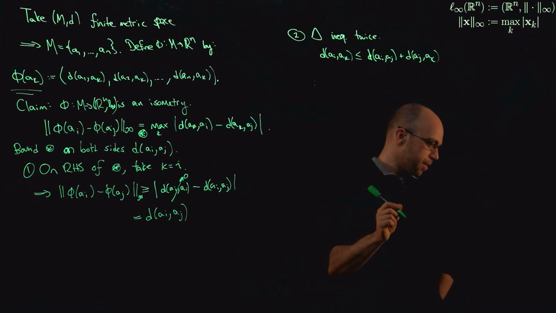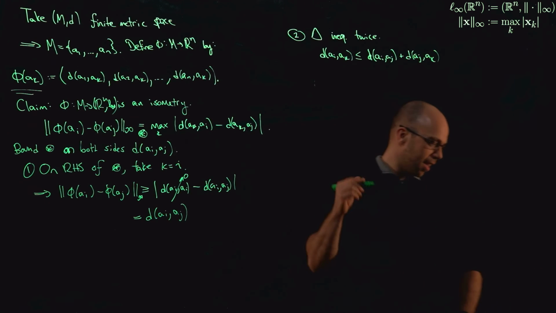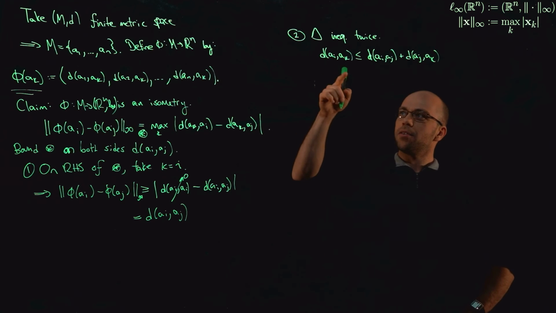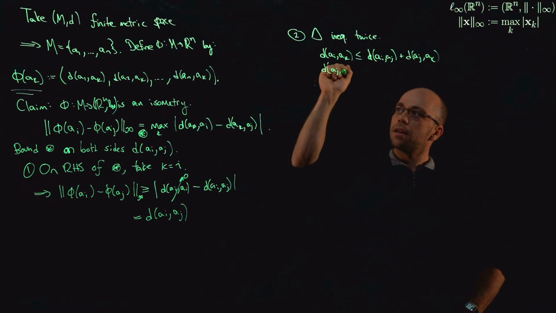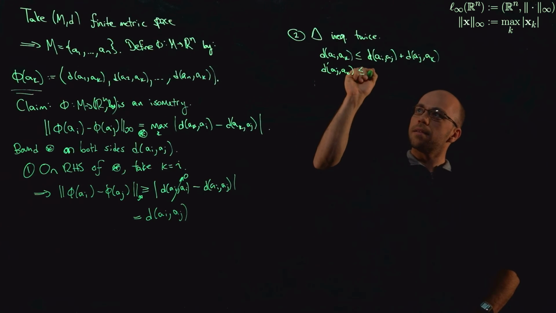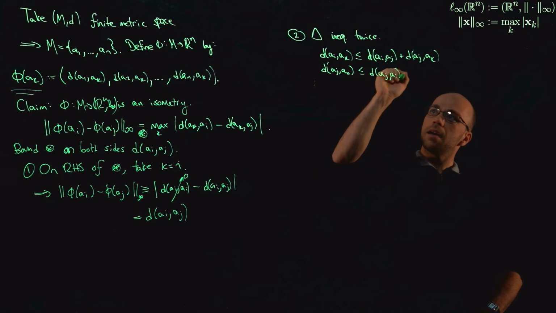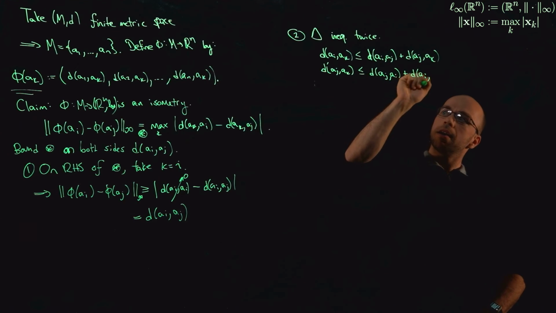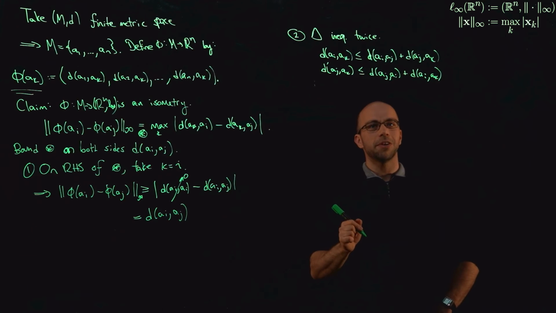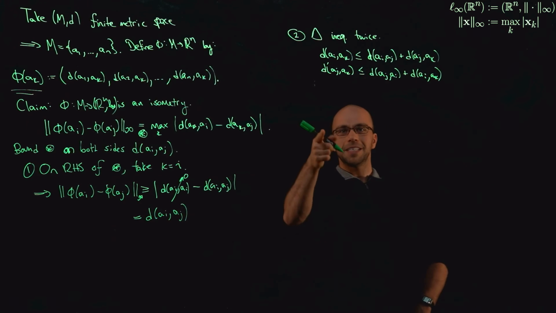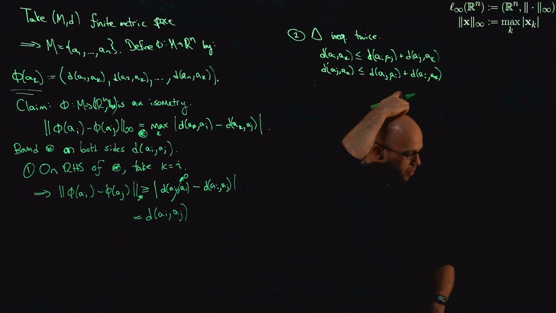Similarly, we know that going from AJ to AK is always cheaper than cutting through AI. So d of AJ AK is less than or equal to d of AJ AI plus d of AI AK. These are just two different triangle inequalities, which we know because d is a distance metric. The next thing we're going to do is rearrange these expressions a little bit.